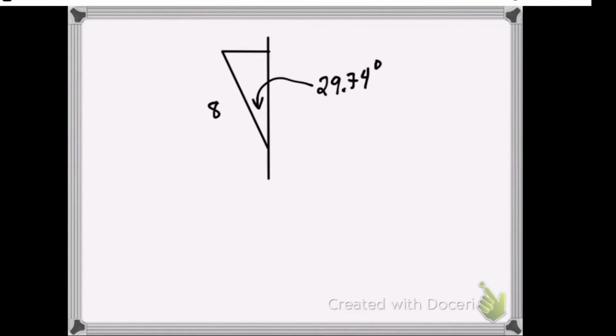So that's 8.06. And so now here we have the opposite side, which is opposite the 29.74 degree angle. And we have the adjacent side, which is right next to the 29.74 degree angle. So once again, we are going to use Sohcahtoa.